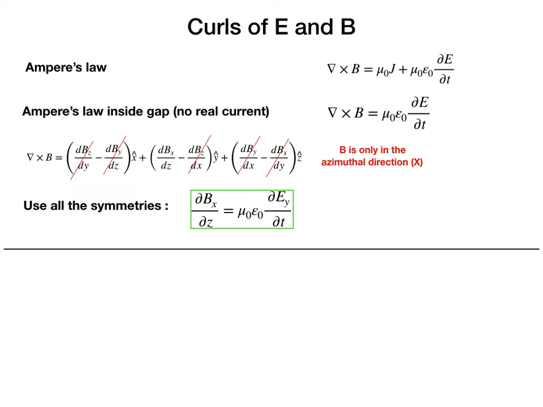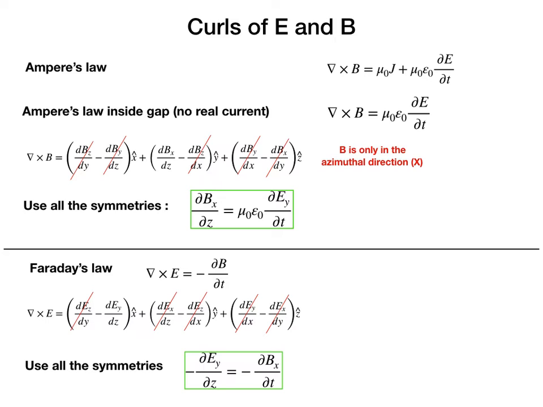And if we look at the other side of the equation, because we have no currents running inside the gap, it's equal to the y component of the electric field side, which is the derivative of the electric field times mu0 epsilon0.